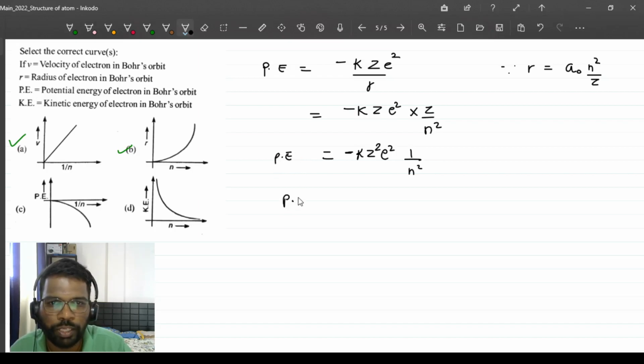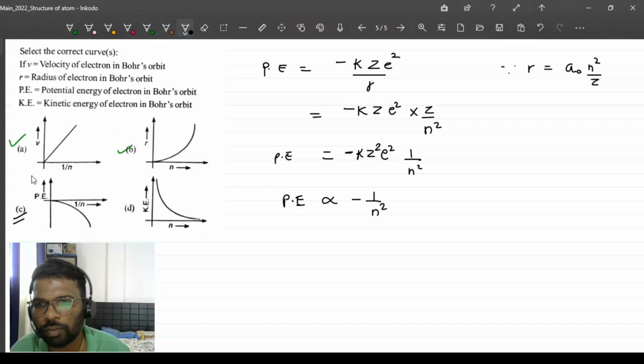So potential energy is inversely related to 1 by n square, and it is negative. So this is 1 by n. Since it is negative, where will it go? It will be decreasing. So this option C is also correct, isn't it?